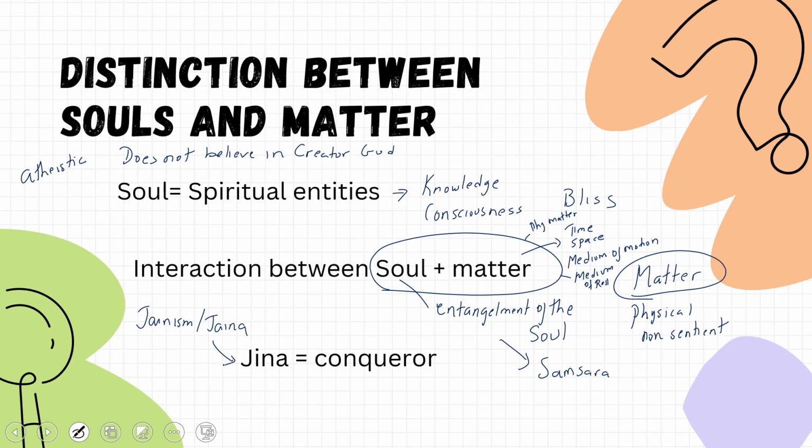Okay, and this is a common name that was given for the 24 Tirthankaras. Why? How are they conquerors? So in a way they conquered passions, they conquered ignorance, and finally they were able to get liberation.